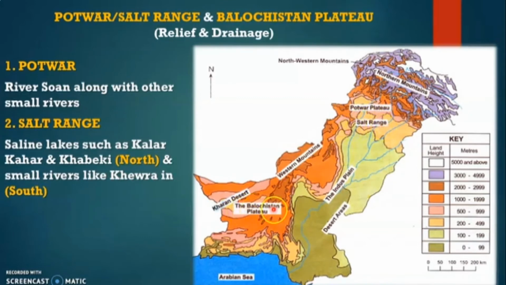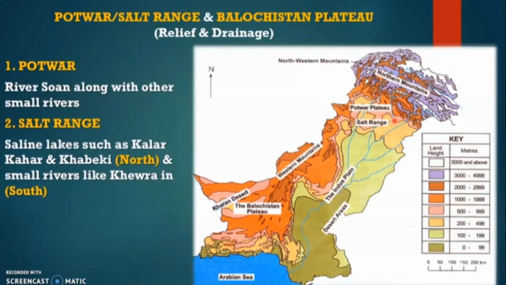This is your Balochistan Plateau, and if I talk about the drainage system of these plateaus or these ranges, then if we talk about Potwar Plateau, then river Soan along with other small rivers is basically part of drainage in Potwar Plateau. If we talk about the Salt Range, which is over here in the south of Potwar Plateau, then the drainage related with the Salt Range is basically the saline, the salty lakes, for example, Kalar Kahar, which we experience when we move from Lahore to Islamabad.